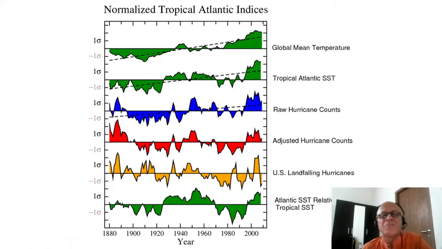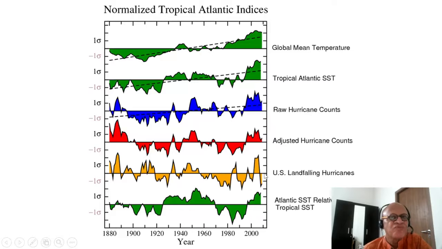Plus, you have to remember that this will differ based on whether you look at total SST or relative SSTs, right? Adjusted hurricane counts. Now you don't see the trend anymore. US landfalling hurricanes, not such a trend. Atlantic SSTs relative to tropical SST. So you can see the difference here is quite stark, right?